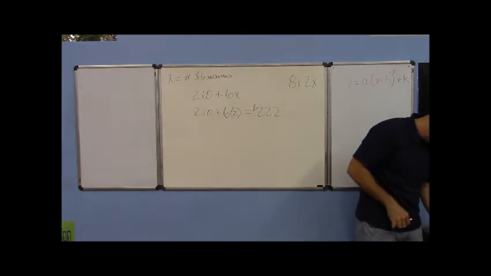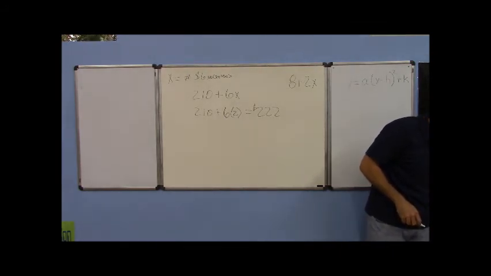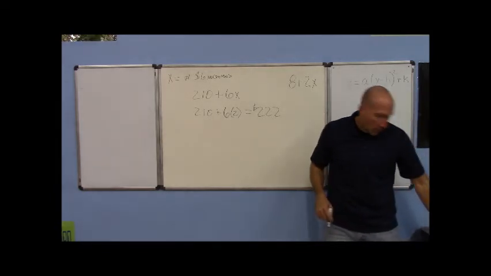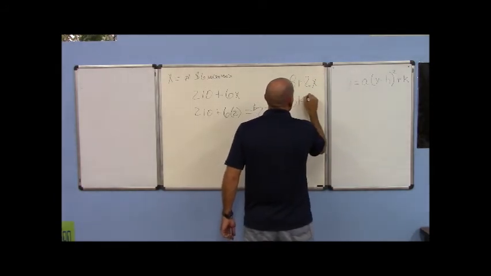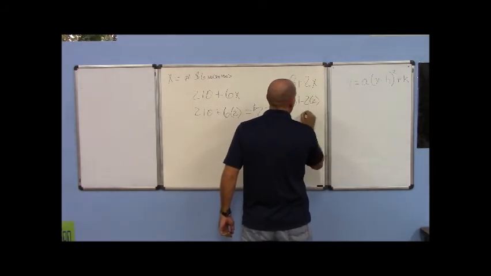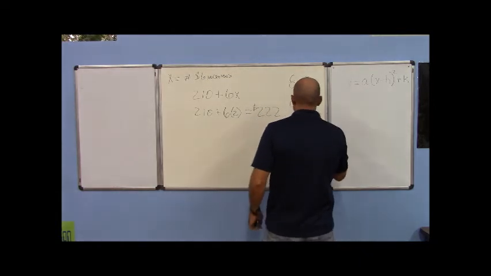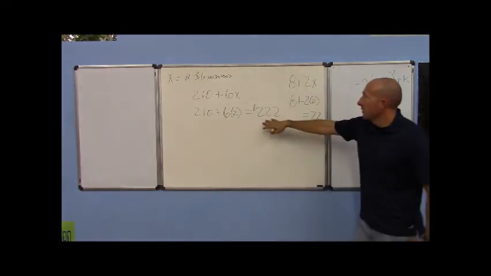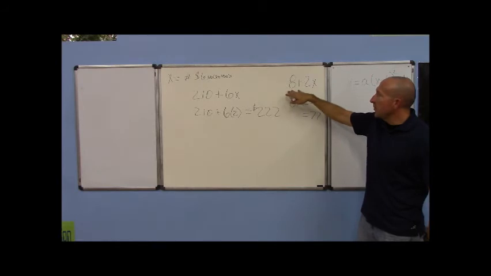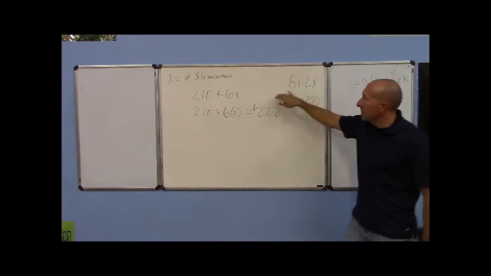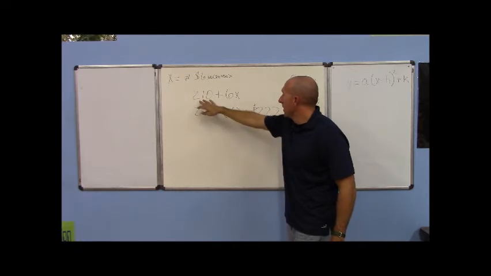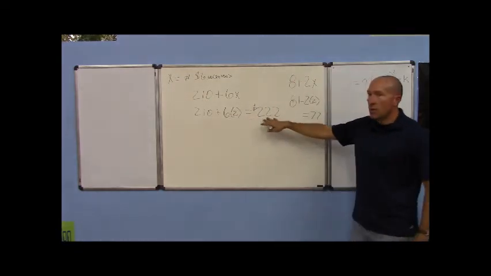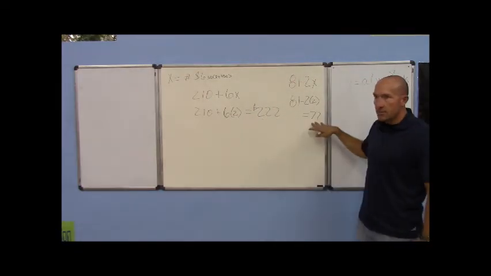So if we increased it by 2, 81 minus 2 times 2 gives us 77. So what we're looking at is that we had 81 passengers originally at $210 per person. We're now charging $222 for 77 people.